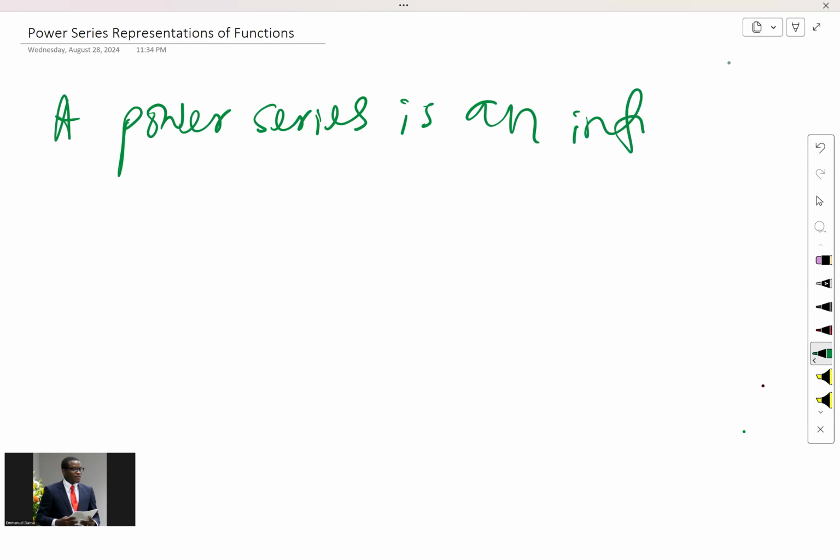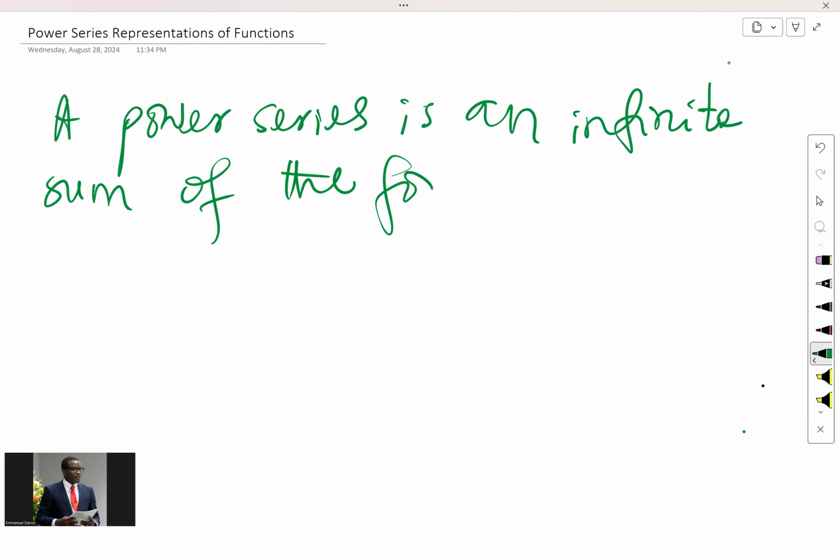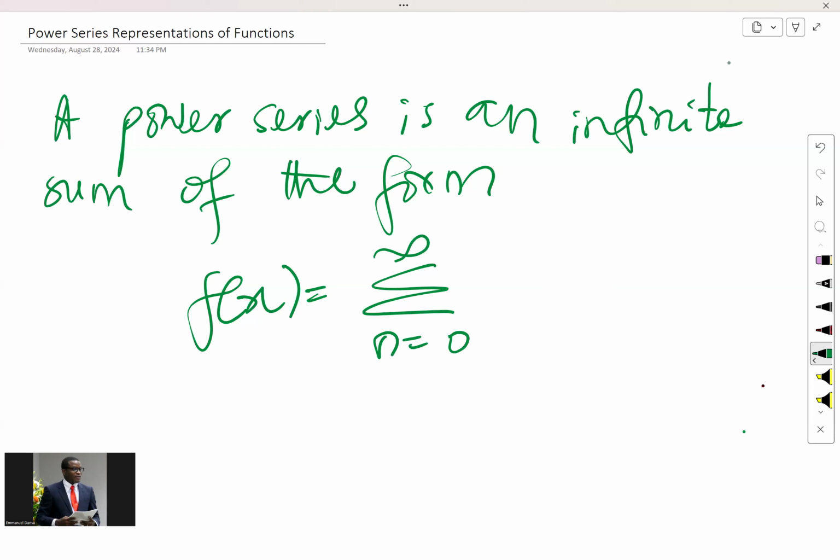So let's go. First of all, as a way of reminder, we know that a power series is an infinite sum of the form f of x equals summation from n equals 0 to infinity of a_n (x minus c) raised to power n.